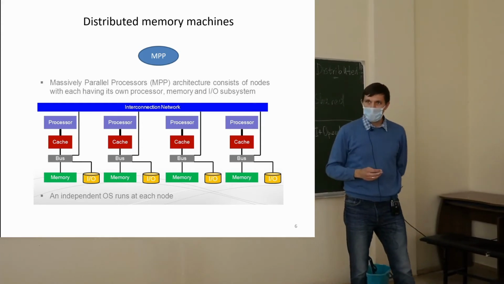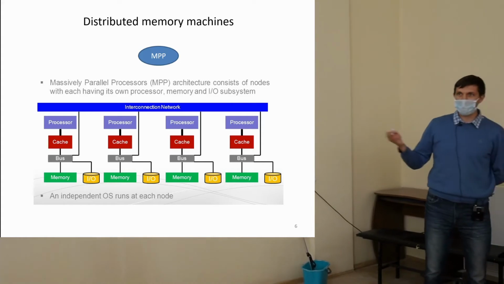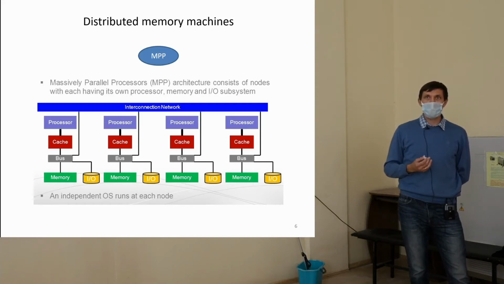Okay, I suppose that another part of our class today was supposed to be that you make some program by yourself, a simple first MPI program. But if you do not have any access to remote machines, this is a difficulty, of course.